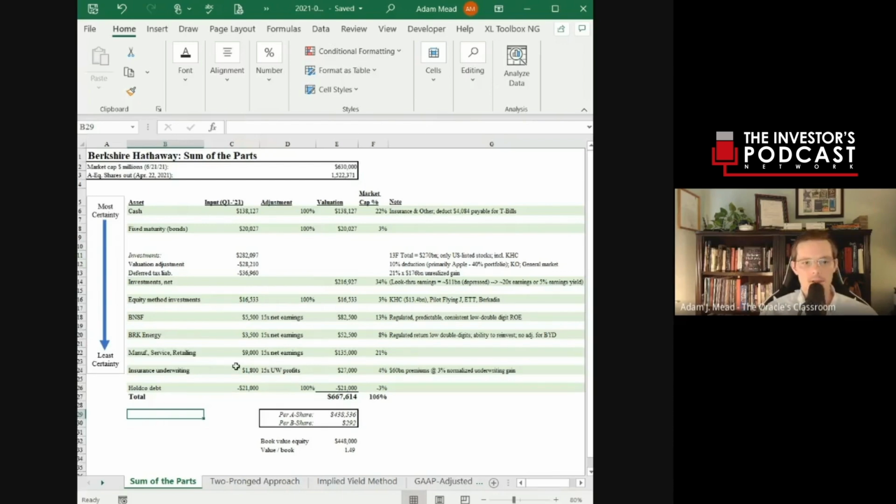And again, just to circle back, it's important to recognize that most of these businesses, and specifically the railroad and the energy businesses, have debt on their own. You could certainly take the approach of valuing the assets and then taking out the debt. You can actually go and look at Burlington's separate 10K. Same with the energy business.